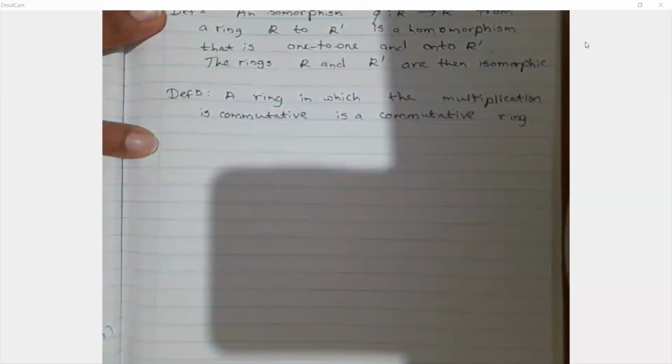And a ring with a multiplicative identity element is a ring with unity, and it's usually denoted by 1. Right?